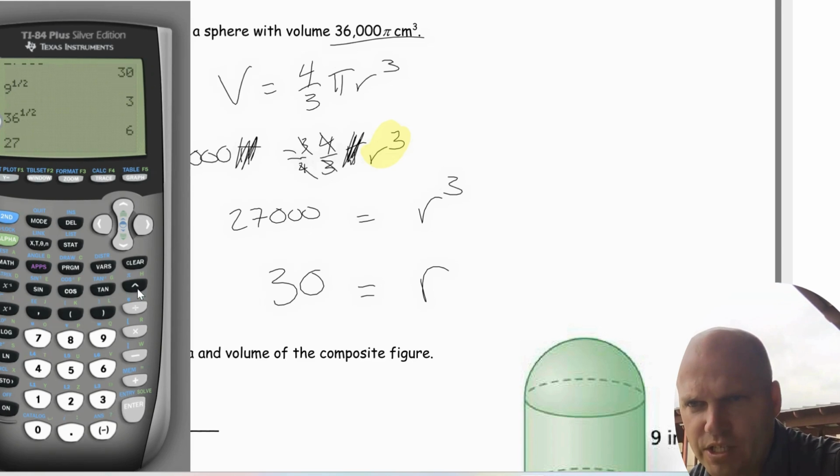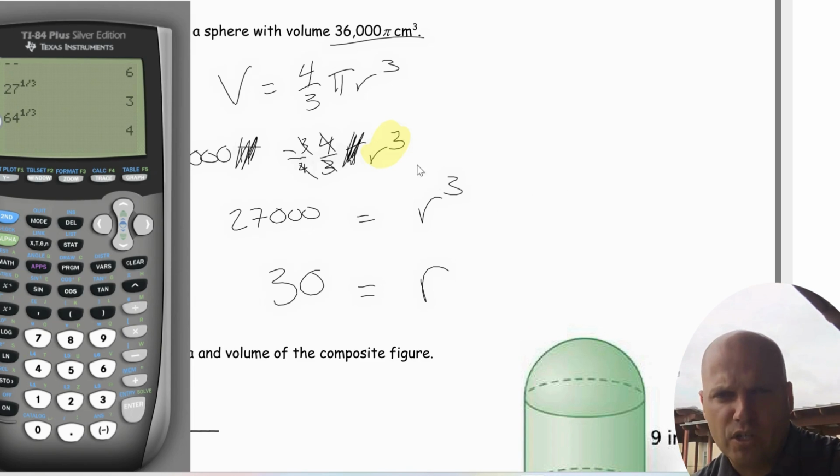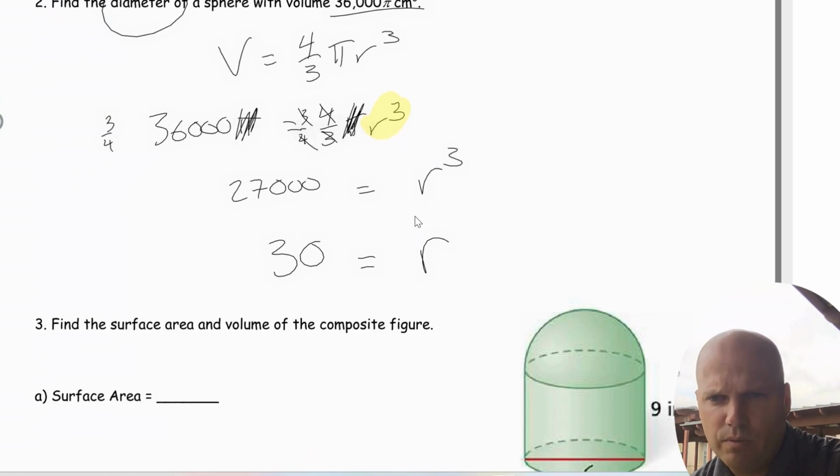If I do 27 to the 1/3, I get that 3 cubed is 27. If I do 64 to the 1/3, I get that 4 cubed is 64. So if you're ever unsure what the value is, we're going to use a cube root.